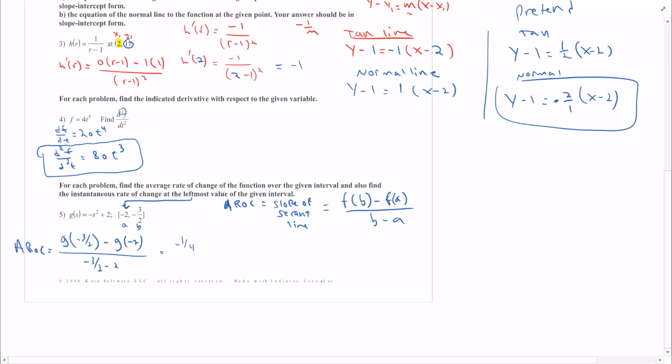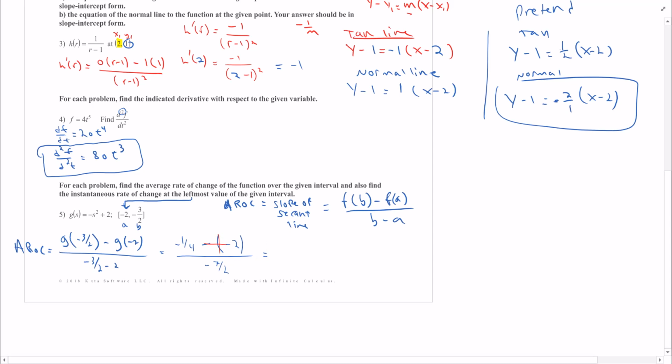G of negative 2 is negative 4 plus 2, which is negative 2. All over negative 3/2 minus negative 2 is 1/2. So this is going to give us, this here turns into a plus.